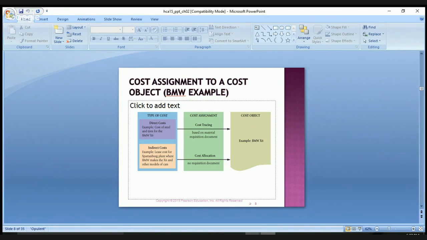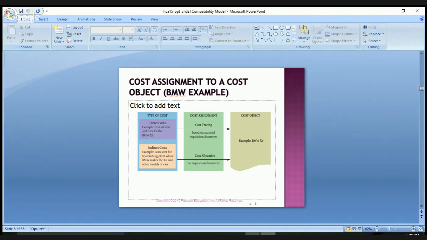So the production manager lets the inventory manager know through a documentation request that I need this many tires or this much steel delivered to the production floor at this time. And then that request would go up to the accountant and they would put it in the system based on that.